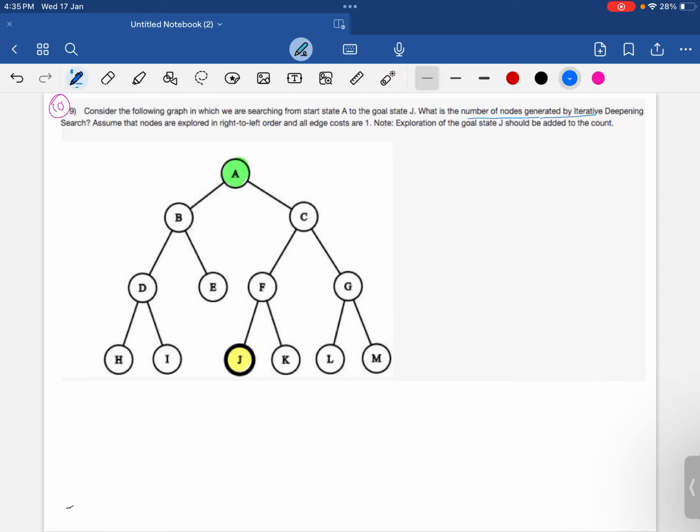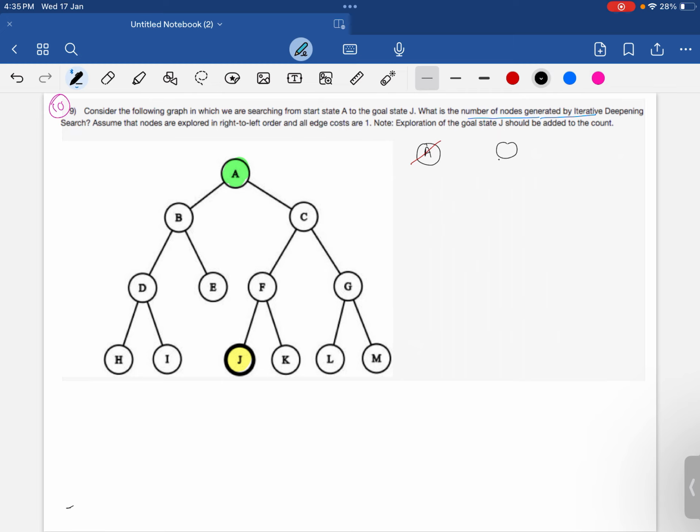So we are doing the iterative deepening, right? Let's start with depth 0. In depth 0 we will have only one node, and it is not a goal. Now we will increase our depth to 1.